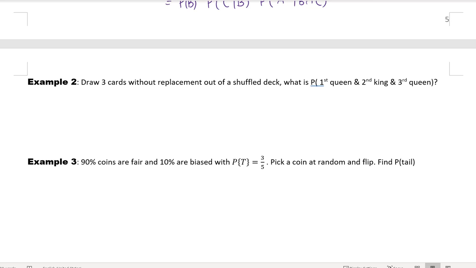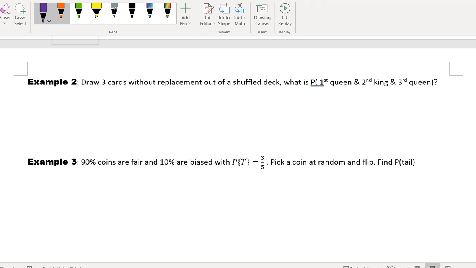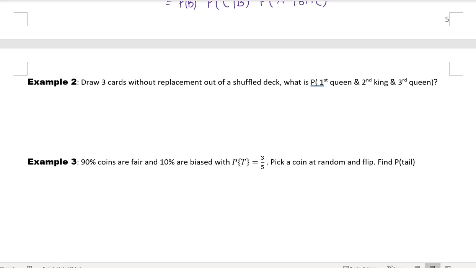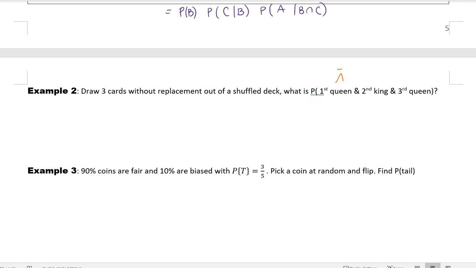What is the probability that the first card you draw is a queen, the second one is a king, and the third one is a queen? Let's call the first one, queen, A. The second one, king, is B. The third one, queen, is event C. Then the probability of A and B and C equals, well, we must draw the first card first, so P of A, then after the first card, we draw the second card, and then after the first and second cards, we draw the third card.